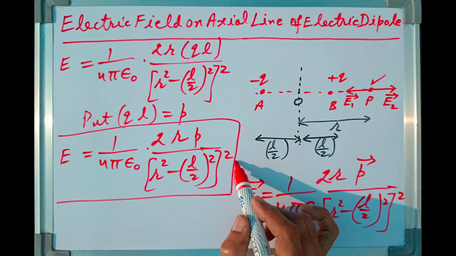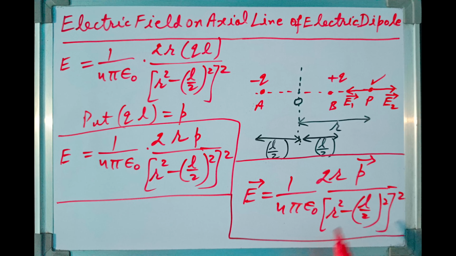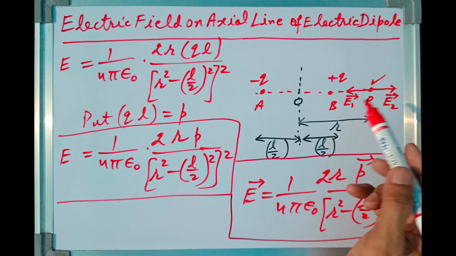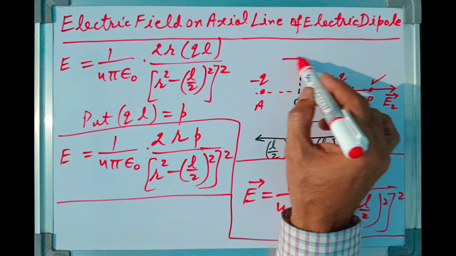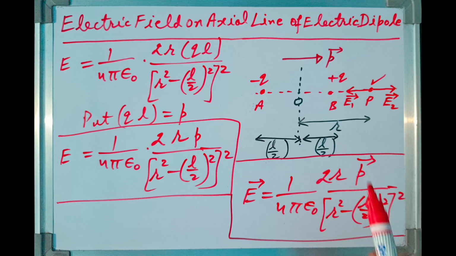Now we have to compare the directions of the resultant electric field and the electric dipole moment. As we know, the electric dipole moment is always directed from the negative charge towards the positive charge. So this is the direction of p vector. Now what is the direction of the electric field?